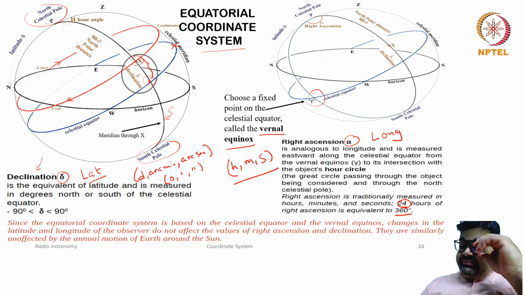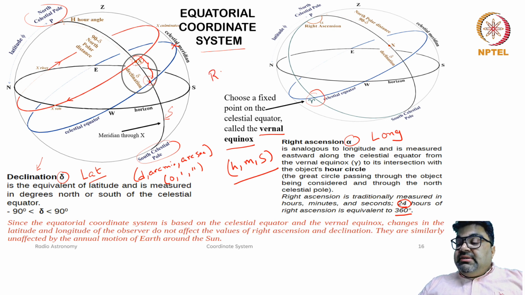Okay. So that's how we define the RA and the declination, and that becomes a more universally acceptable coordinate system. So we define RA and dec as the equatorial coordinate system, or alpha and delta.